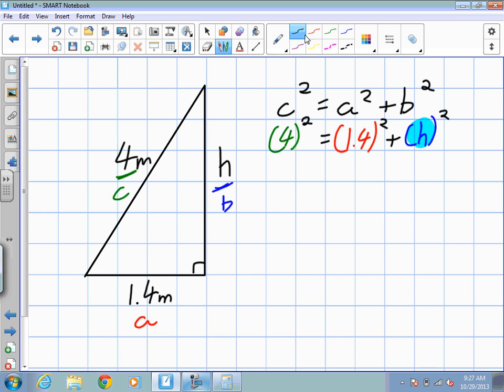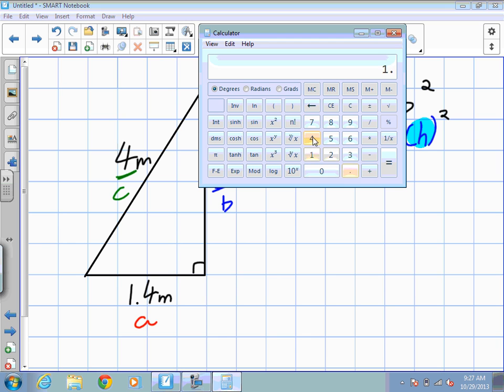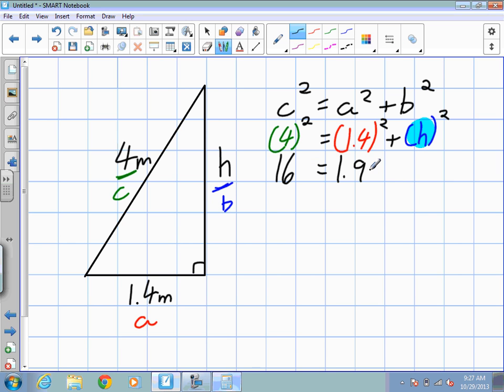So what is 4 squared? 16. Good. What is 1.4 squared? 1.96. Good. 1.96. And then plus h squared. To isolate h, what do I need to move to the other side? 16. No. It'll be easier if we move the 1.96. And what will it become on the other side?